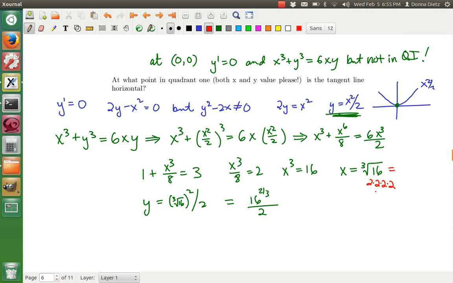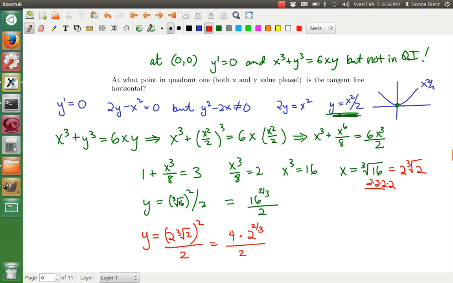And so I can take a set of 3 of them outside that radical symbol. And then I can say y is equal to 2 cube root of 2 squared over 2. And then I get 4 over 2. And then this 2 is to the power of 2/3.